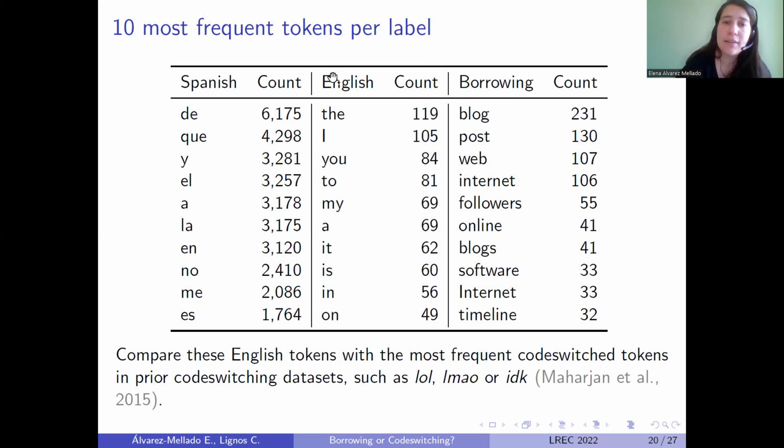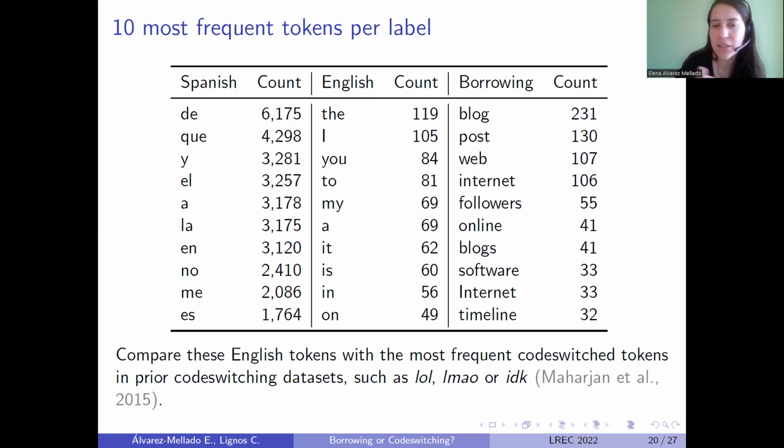And if we have a look at the most frequent tokens in English, so true code switches, what we found were also grammatical words such as the, pronouns, and things like that, which seems to suggest that what we're seeing here are true code switches, not borrowings.